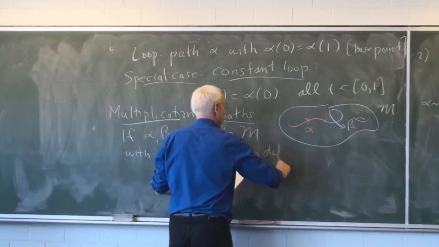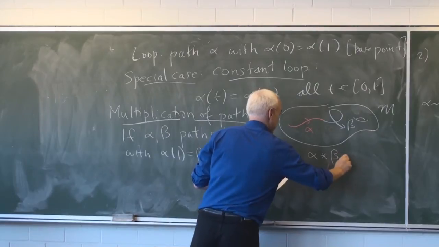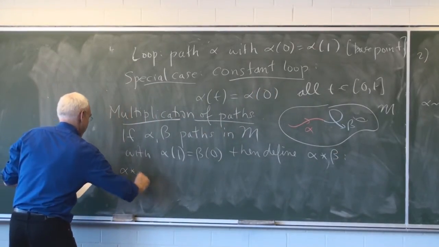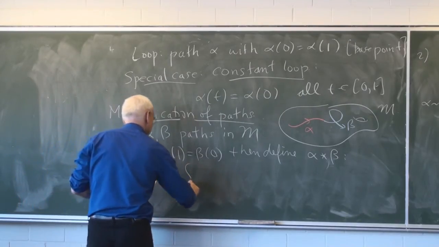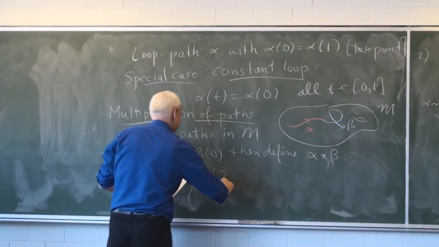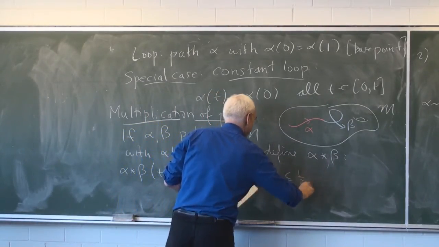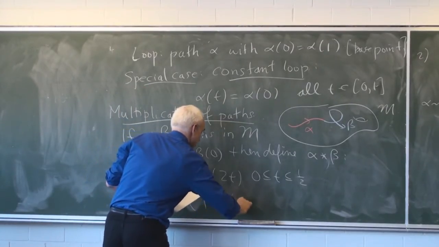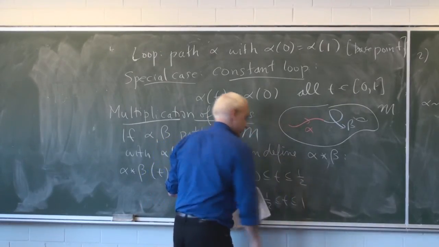Then define the product path alpha times beta in the following way: alpha times beta at t is alpha of 2t if t is between 0 and a half, and beta of 2t minus 1 if t is between 1/2 and 1.